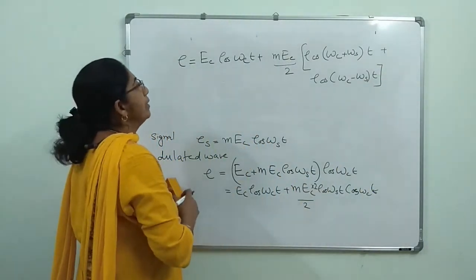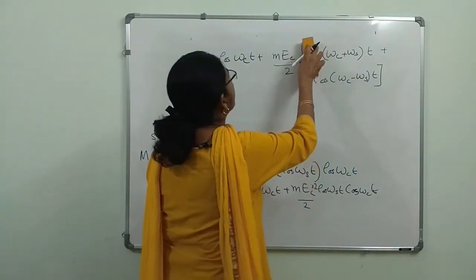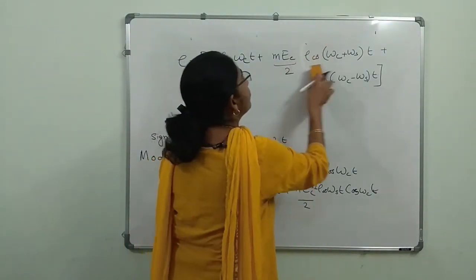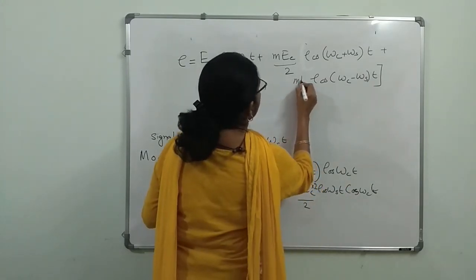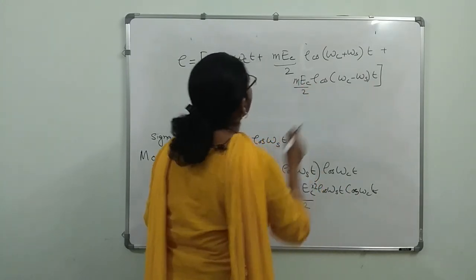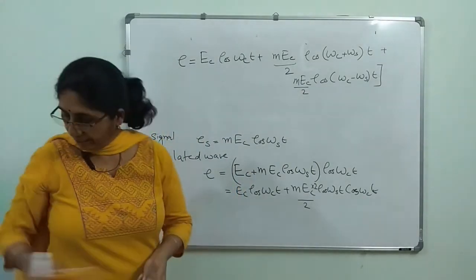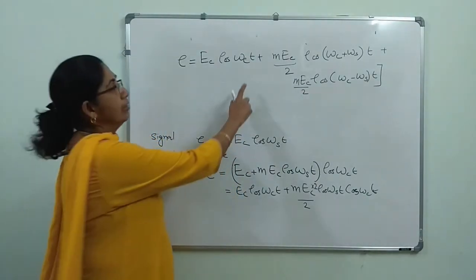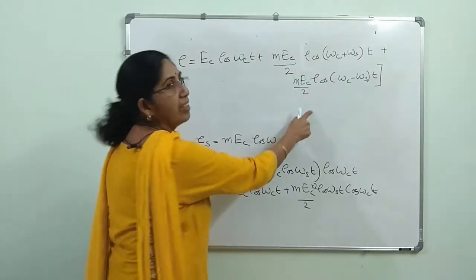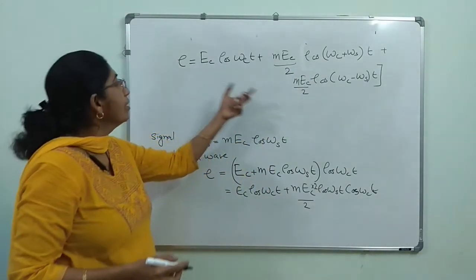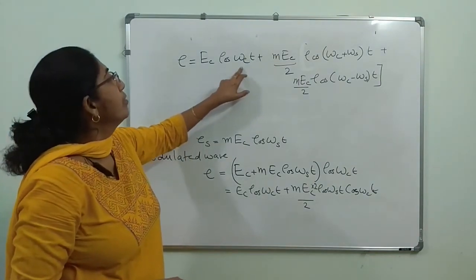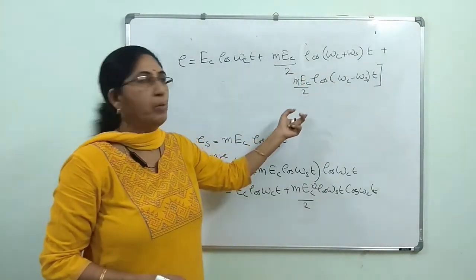This again you can split up. We'll get 3 frequency components. You can look at the 3 terms here. These are 3 sinusoidal waves, similar to 3 different waves superimposing.